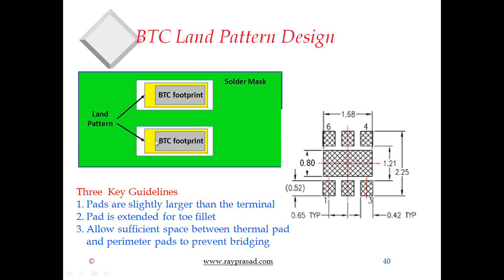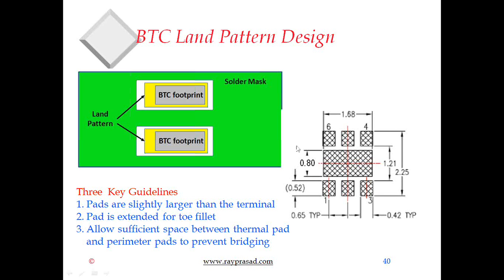You should provide this pad extension, where I'm pointing at the arrows, because you do get a fillet at times, not all the time. On the inside where the thermal pad is, on the right side, you don't have to have a pad extension like shown here. But for the first row, the outer row, you can have it.